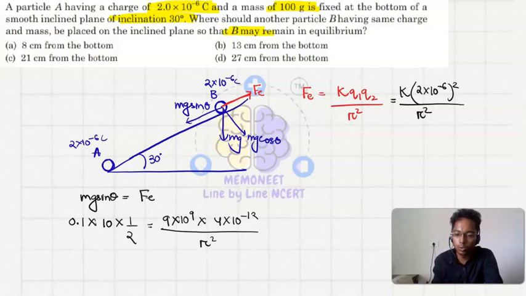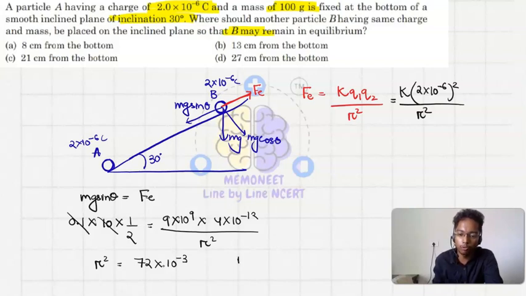So from here 0.1 into 10 will be equal to 1, and r square value is 9 into 4, that is 36, 36 into 2, that is 72, 72 into 10 to the power minus 3, and this will be in meter square.